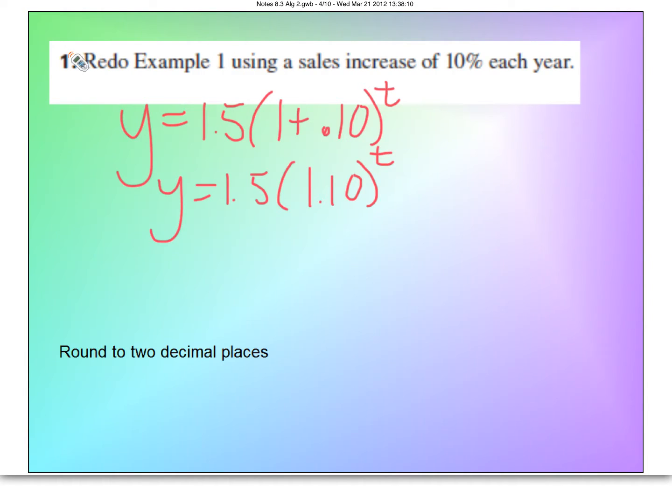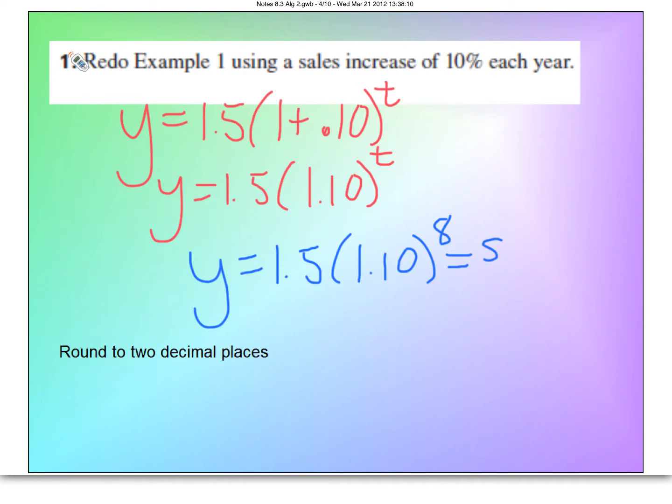Let's put 8 in for the years and see how the sales differ when we change the growth rate from 25% to 10%. Hopefully you can recognize that the value should be smaller since the growth rate is quite a bit lower. The sales now are going to be $3.22 million, which is quite a bit lower than if we had a 25% growth rate.